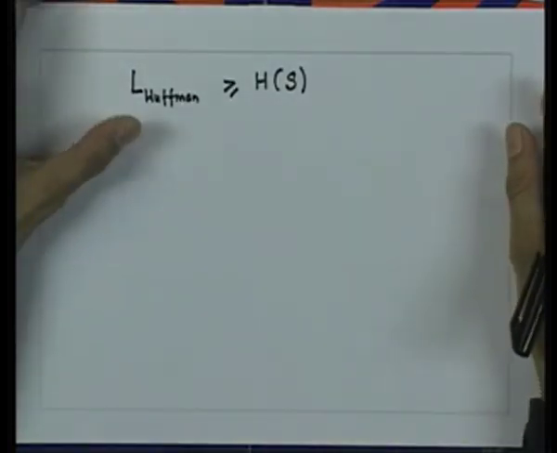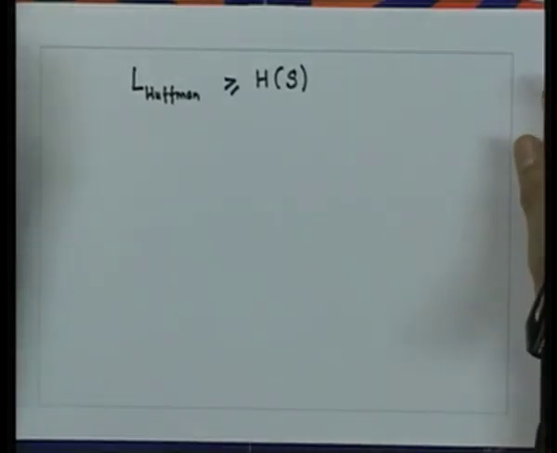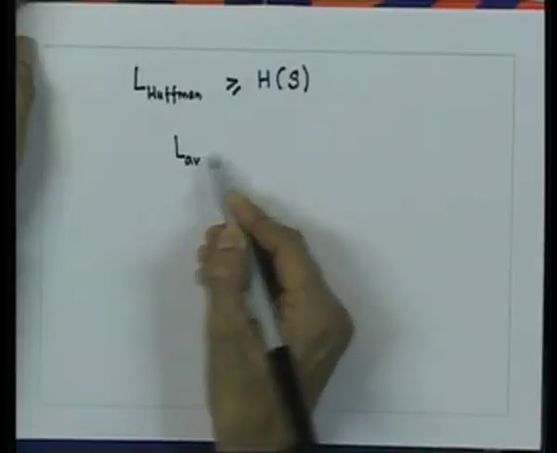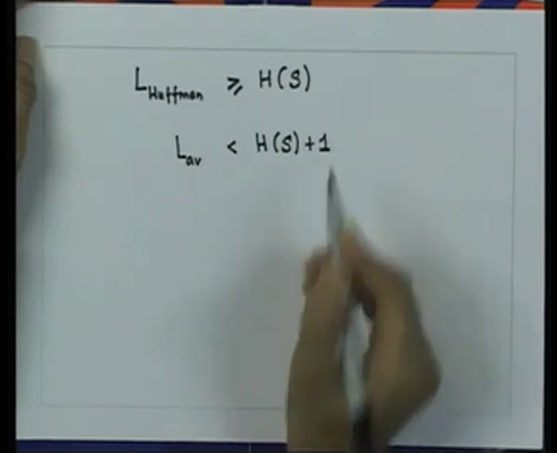Now, to get an upper bound, we will follow a different strategy. We know that Shannon's coding strategy is a form of a uniquely decodable coding strategy. And we have also proved that if we follow Shannon's coding, then the average length which we obtain from Shannon's coding is less than the entropy of the source plus 1.